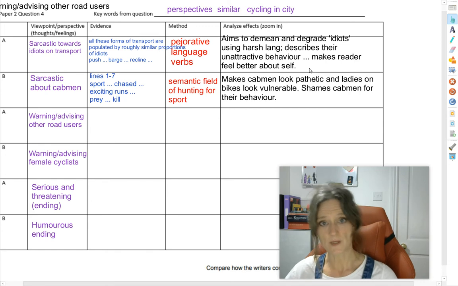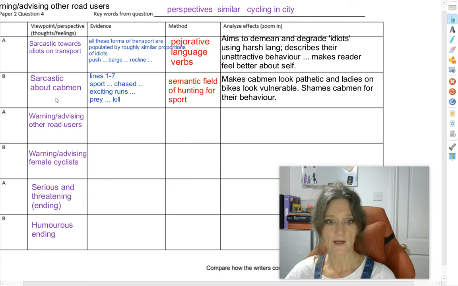So don't be one of these idiots when you're thinking about cyclists in the city. And then she is sarcastic about cabmen. And again, we need to be linking that back to cyclists in the city. So cabmen are the ones that she says have been chasing ladies on bikes in the city. So that's what she's concerned about there.